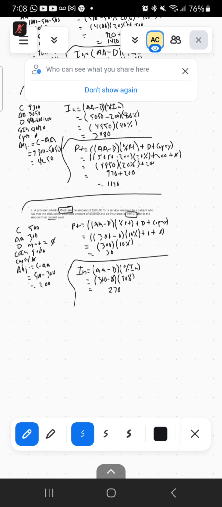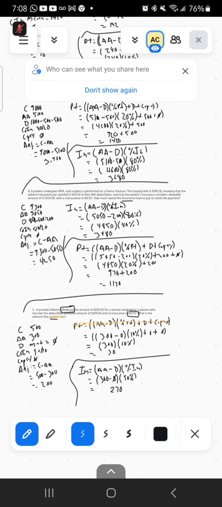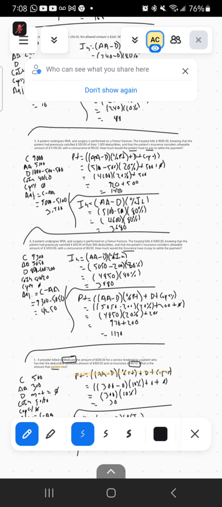So I want you to understand that when it says patient, you only do patient, okay? If it was like the question from before, that said insurance, you only do insurance.